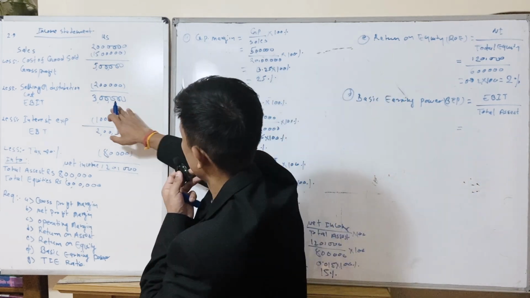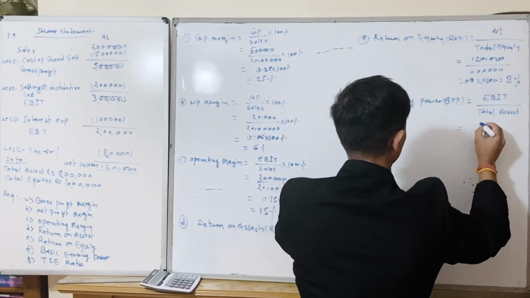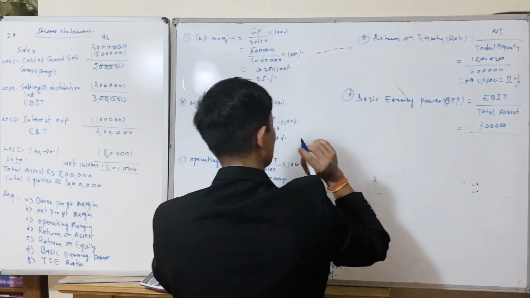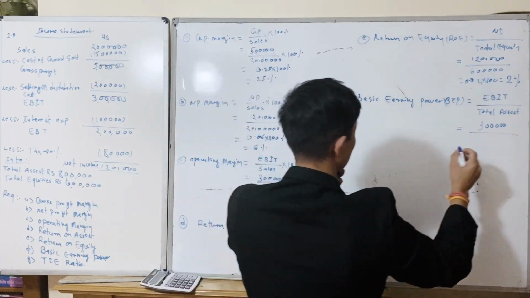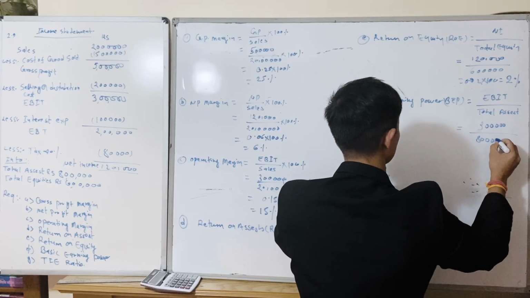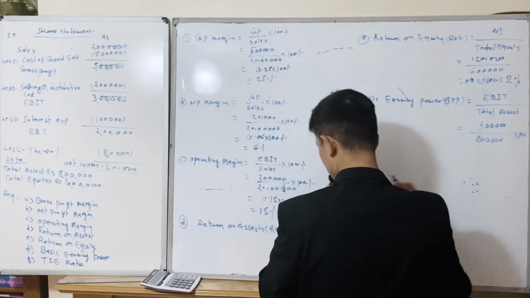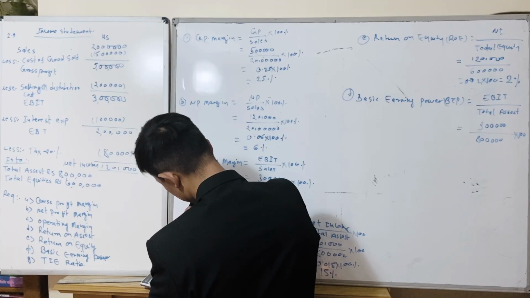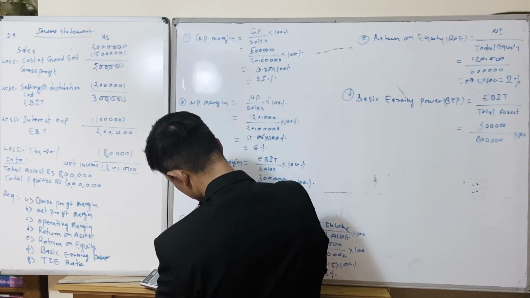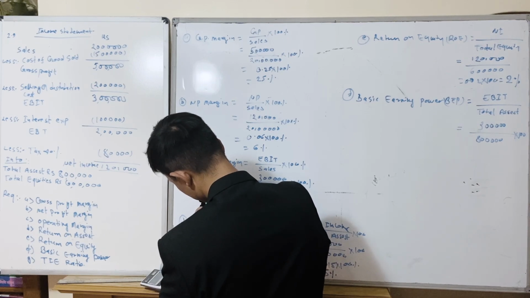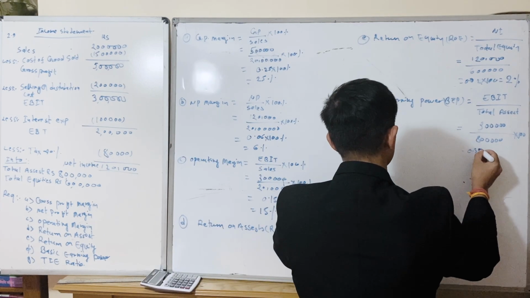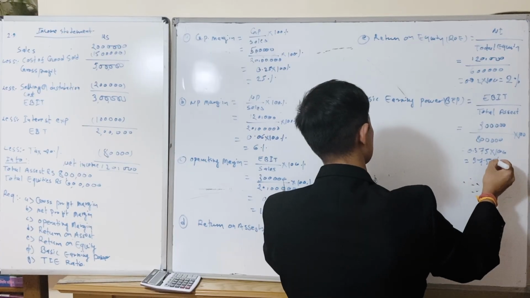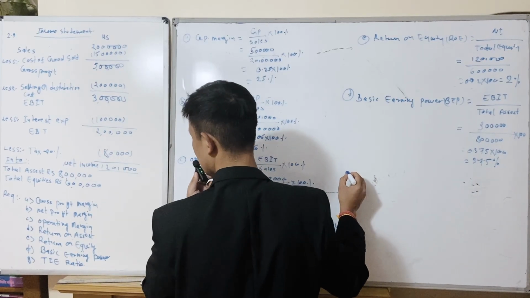So EBIT, we know, is 3 lakh, and total assets is 8 lakhs, multiplied by 100. Let's divide 3 lakh by 8 lakh. We get 0.375 multiplied by 100, which is 37.5%.